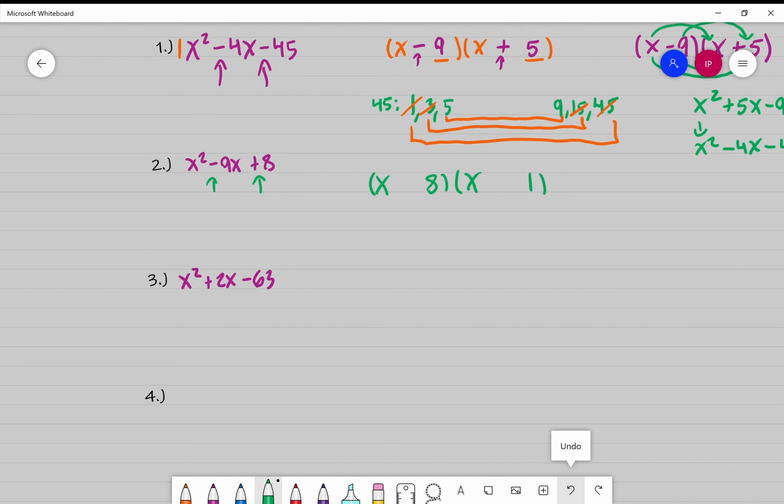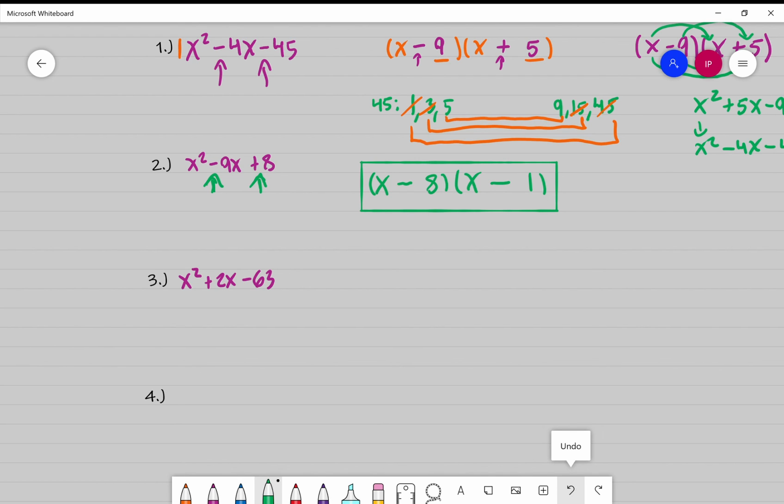Like I mentioned at the beginning of the problem, this sign right here tells me that they'll be the same, and this sign tells me that it's the sign of the larger number. But since they're the same, then this one will be negative, and this one will be negative, because of our sign rules. And you can also check your answer by doing the FOIL method again, but to save time, there's our answer.